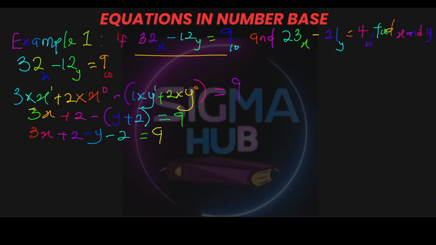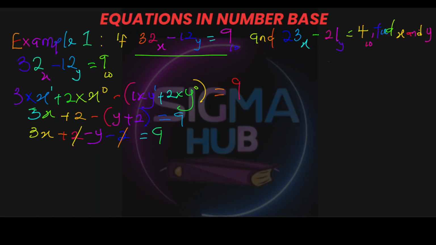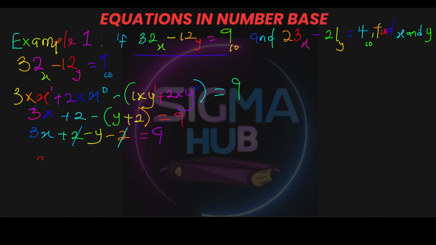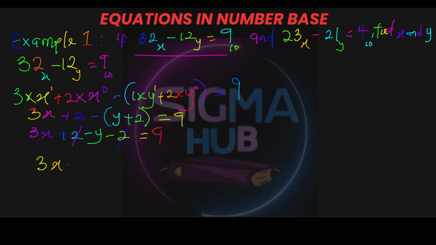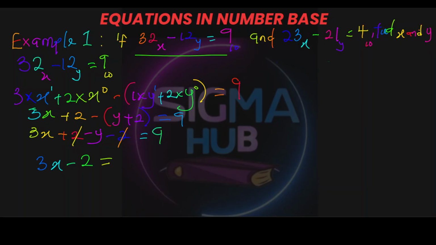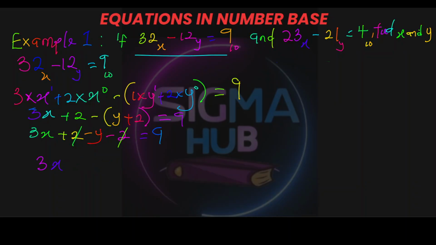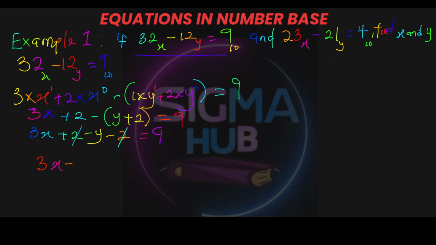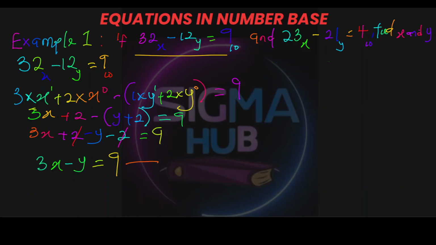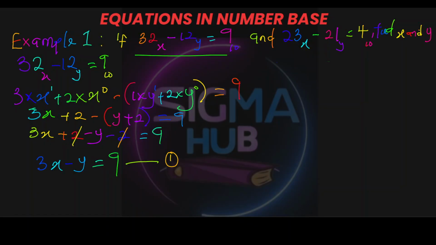Of course, plus 2 and minus 2 will give you 0. So from here we have 3x minus y equal to 9. I can call this equation 1.